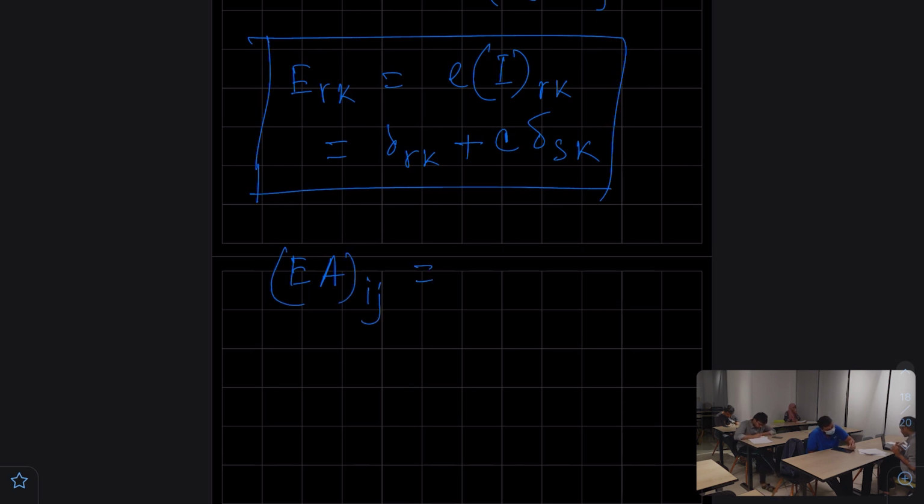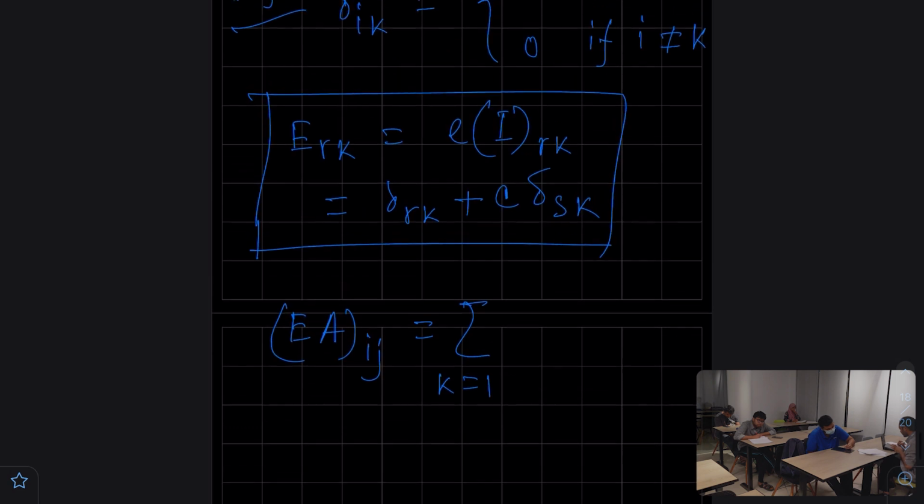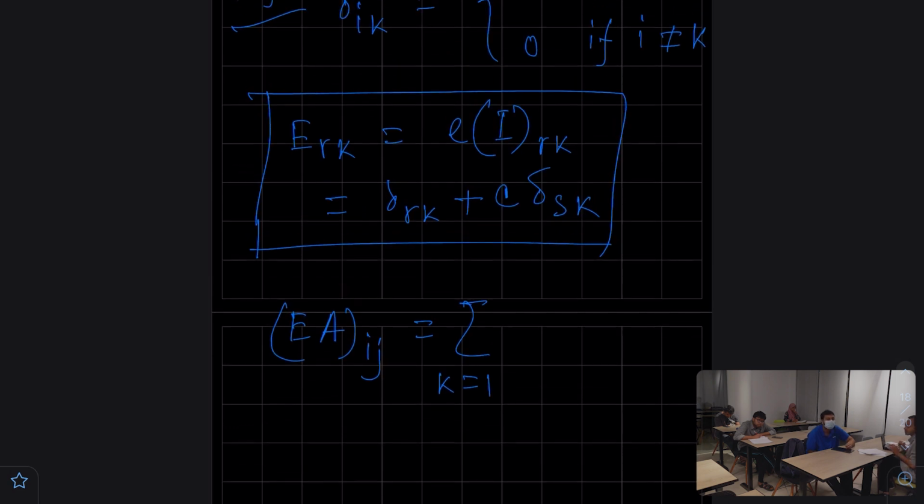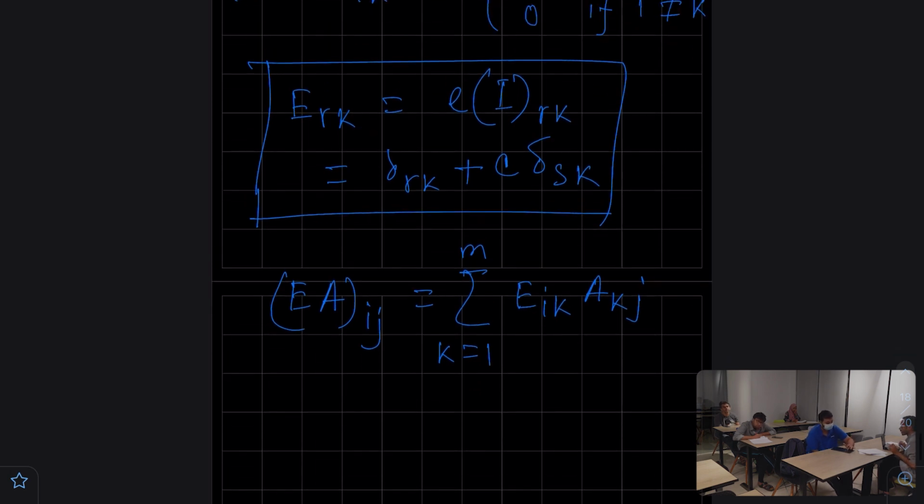We know that this is equal to the summation over k from 1 to m, because this is an m cross m matrix. That means this is Eik times Akj. And what is the definition of Eik?